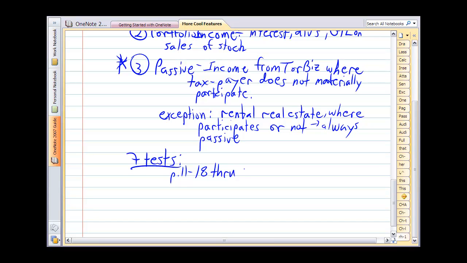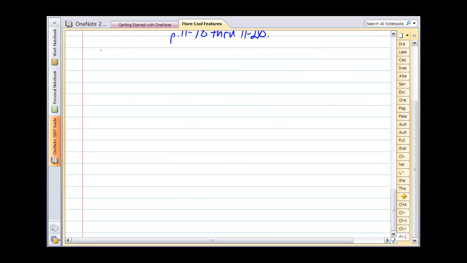Yeah, 11-20, I think. That's what I'm seeing. All right, so I'll let you go through those. And then that'll bring us to our last topic, which will help us discuss more of the rental activities.